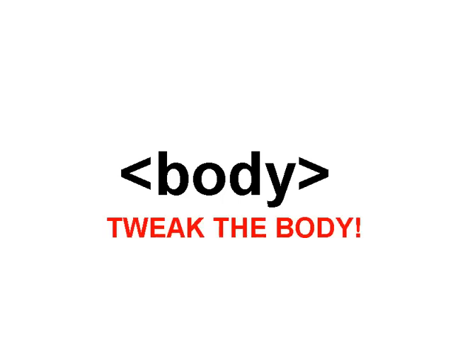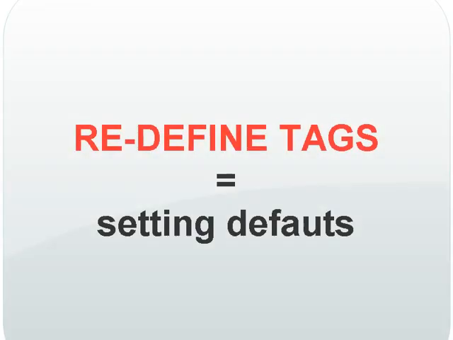So why don't we just allow users to tweak the body tag and make it still put stuff on the page, but also, if it's text, make it Arial. So really what's happening is we're changing what the tag means a little bit. We're looking at its normal definition, and we're redefining it so it does other stuff too. When you redefine a tag, you've changed the way that tag operates every time you see that tag on the screen.